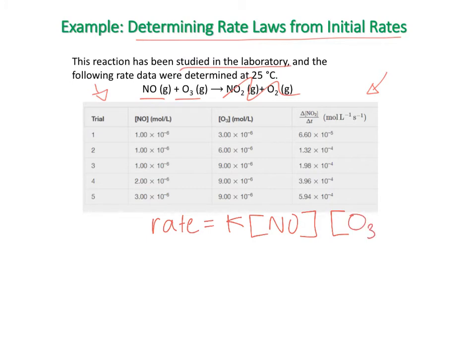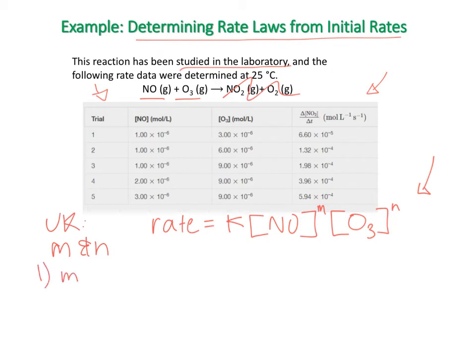And then we have O3. And remember, we can call the orders M and N. So our job overall is to find those orders. We have the skeleton of the rate law, but we need to find M and N.